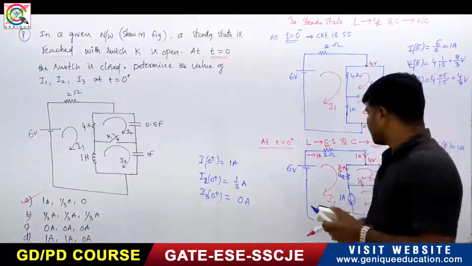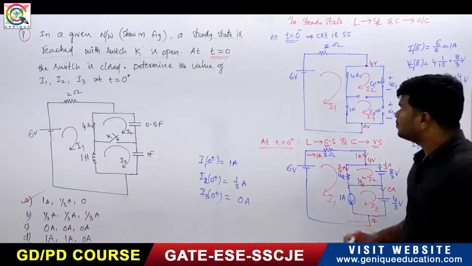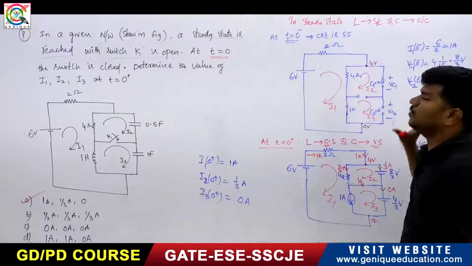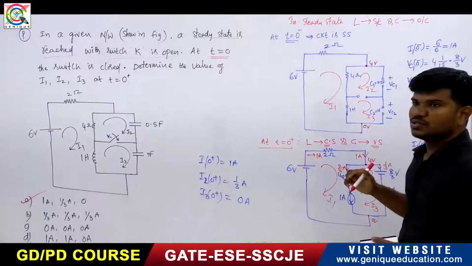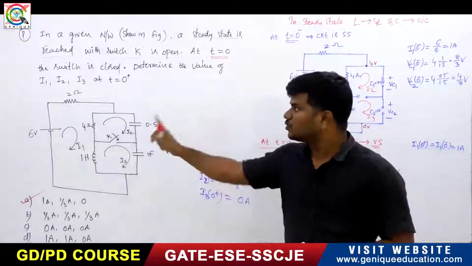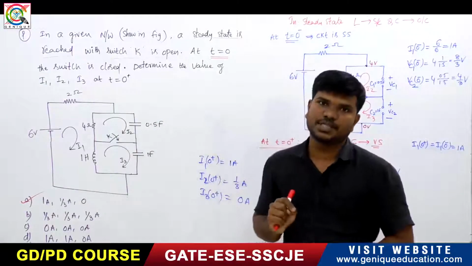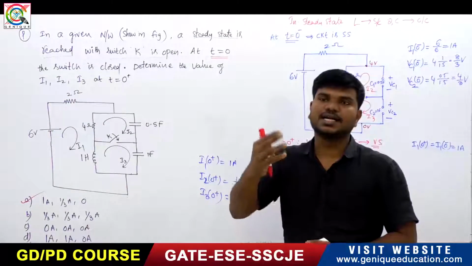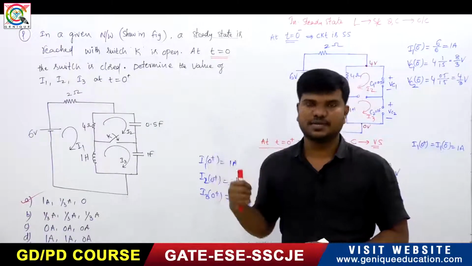So this is a very good question. See what we have observed in the steady state. Inductor is acting as a short circuit, capacitor is acting as an open circuit. So before the switch is closed, the source is connected to the inductors and capacitors. So before the switching operation takes place, the inductors and capacitors are energized.